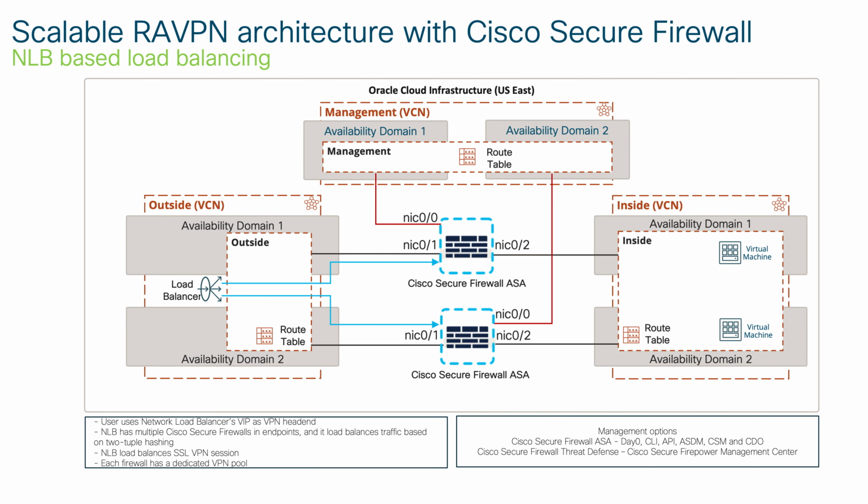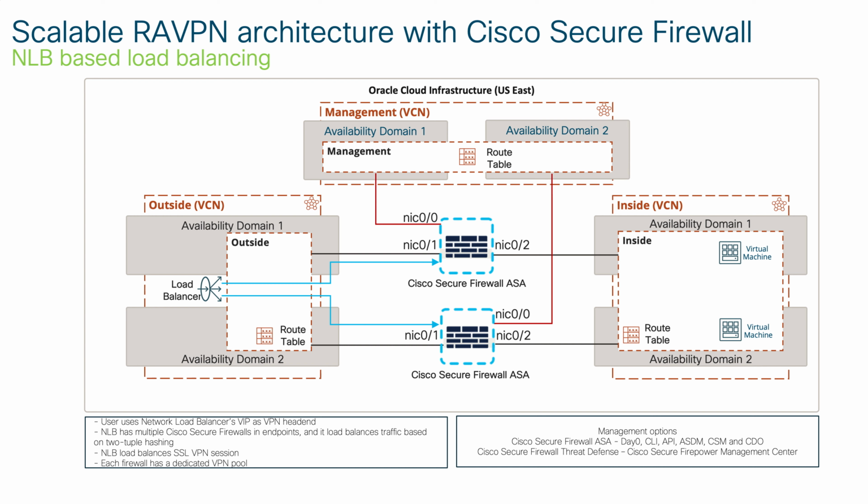You can also use a network load balancer. Now in this example, instead of using DNS, what I'm doing is I have a network load balancer, and that network load balancer points to the outside interface of my firewalls. So if you look at this architecture, it's pretty much a similar architecture.